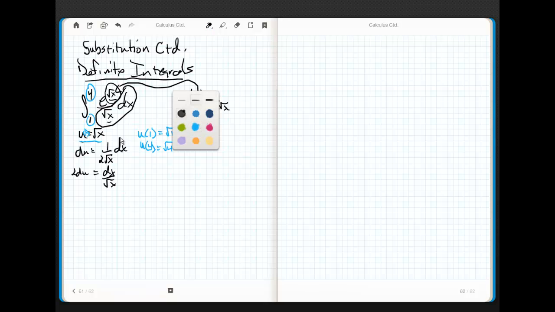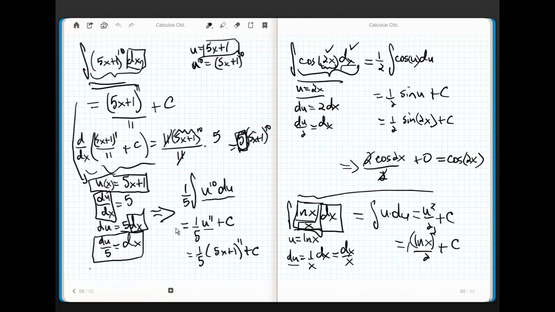Do you remember back when we were doing integration by substitution, and we had to back substitute? Let me back it up. Remember all these guys? Like right here to here, we had to back substitute our u, which was right here. From here to here, boom, and then we had to back substitute our u.